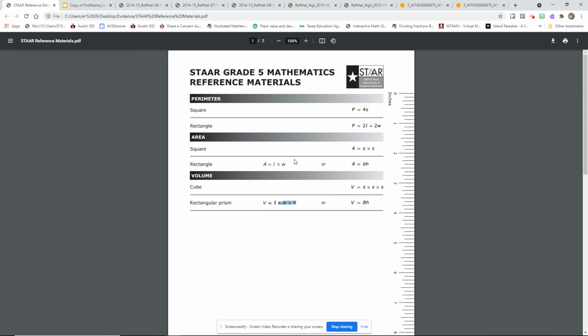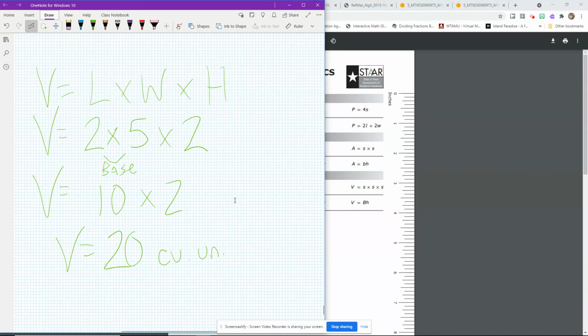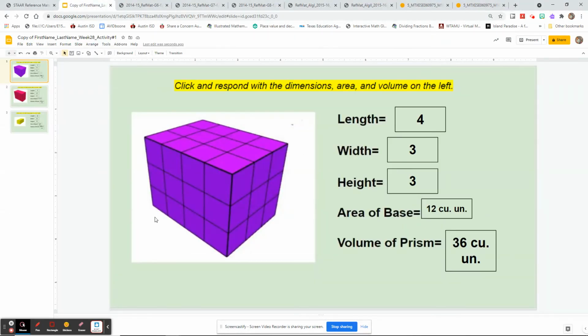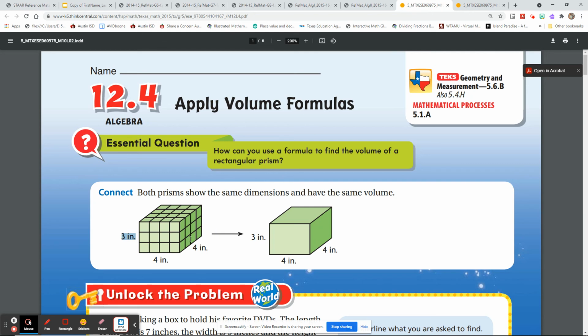Volume equals length times width times height, and then that will tell you how much can fit inside each one of these boxes. How many cubic units, how many cubic inches, how many cubic centimeters, all that good stuff. All right. And remember, early on, they're going to have you count the squares, but soon they're going to remove all those squares and just give you dimensions. All right. So that's your next thing.